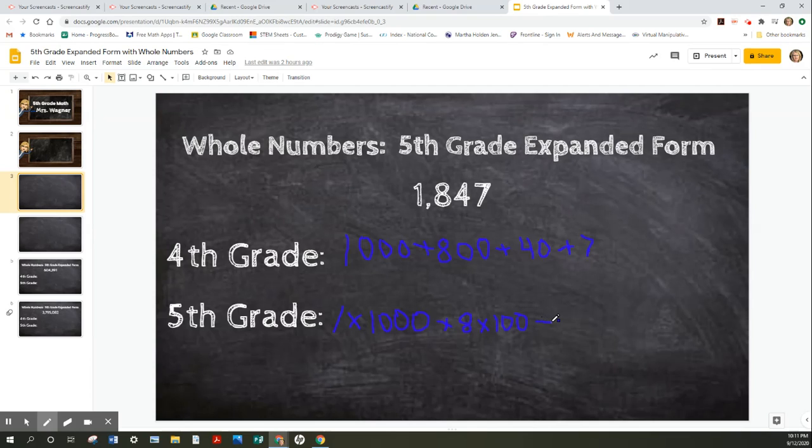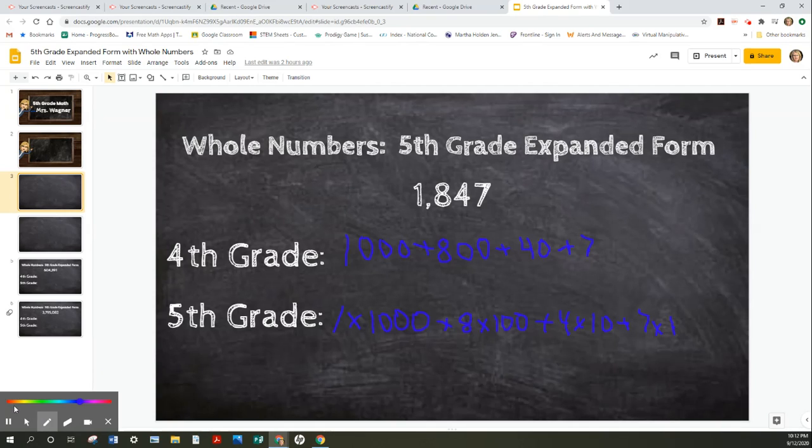The addition symbol in between each of your multiplication sentences is extremely important. So we're going to come up to the tens place, and there are 4 tens added to the 7 ones. And that is how you do expanded form in fifth grade. It is based on these powers of 10.